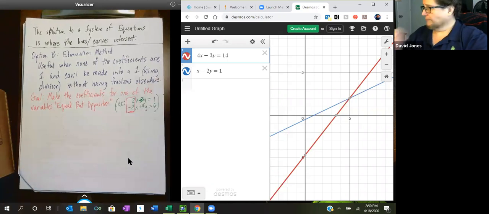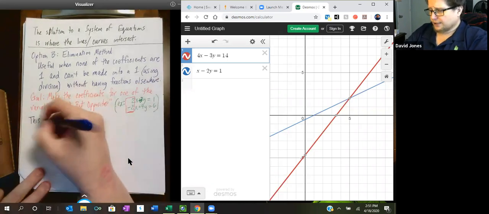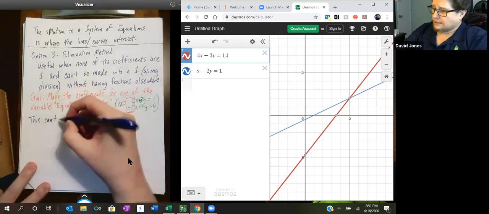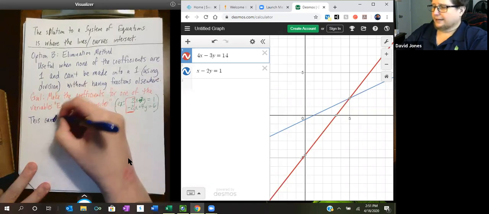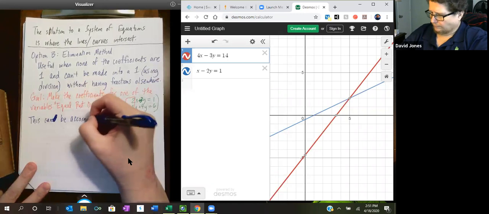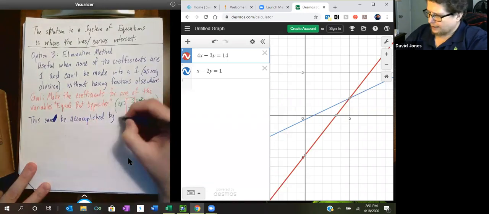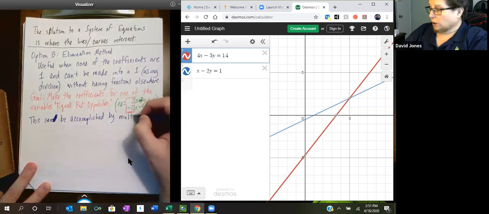And the way we accomplish this can be accomplished by multiplying the equation(s) by a number that makes them equal and opposite.